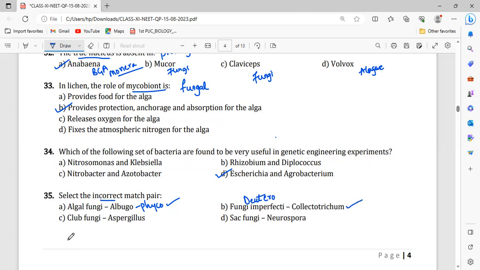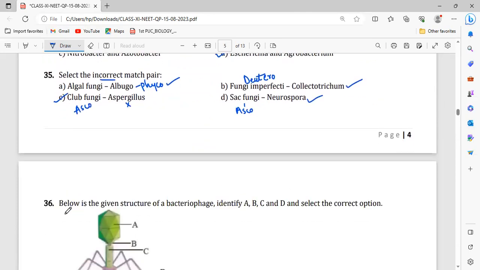Then club fungi, this is a common name for Basidiomycetes, but Aspergillus does not belong to club fungi. Then sac fungi is the common name of Ascomycetes and Neurospora is the example. So the answer is option C. This is the incorrect pair.